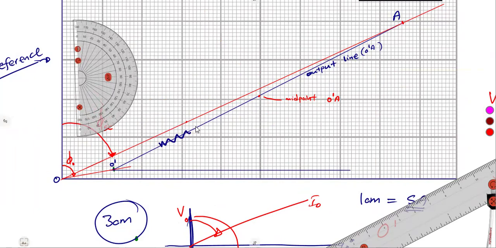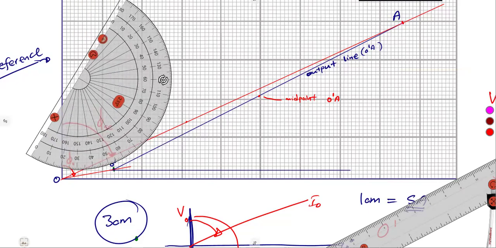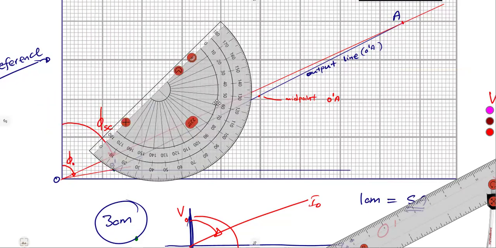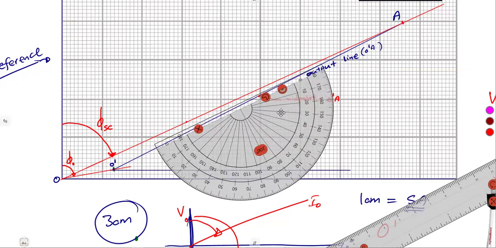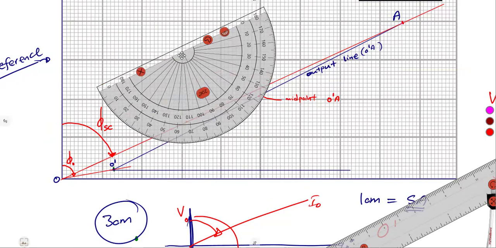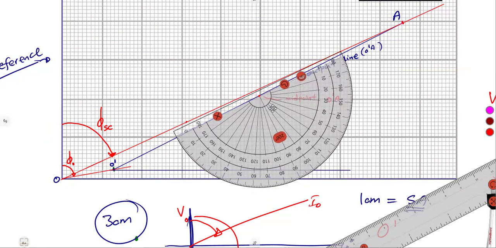It must be along this line, along the output line, something like this. At the midpoint, you place it at the midpoint.